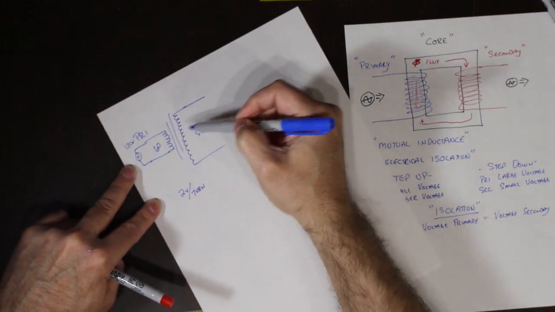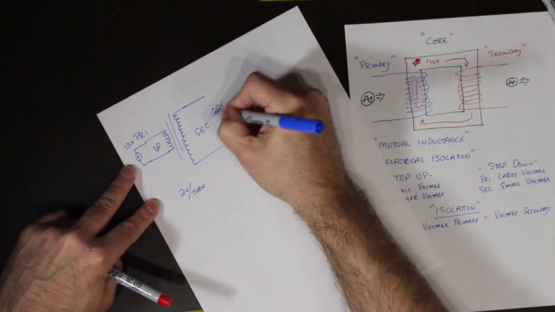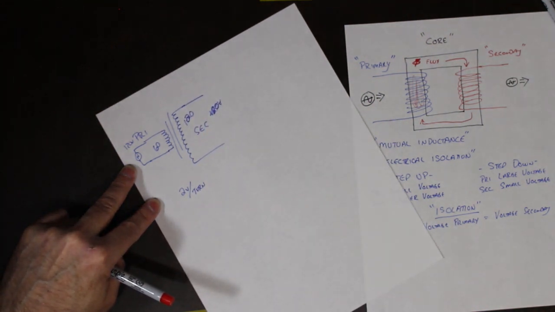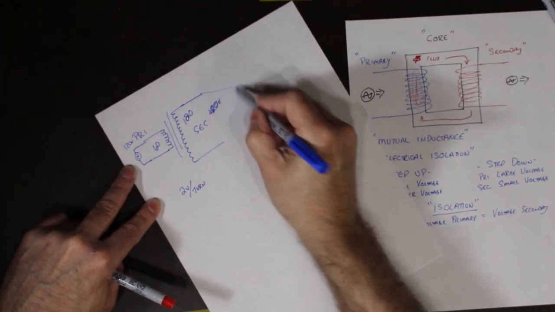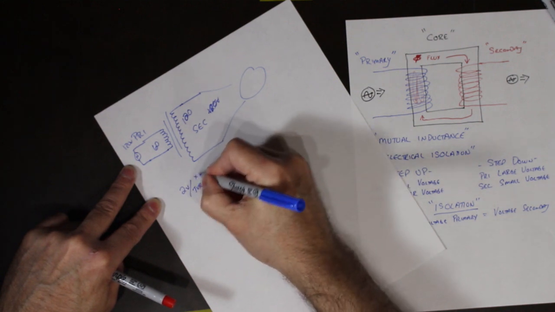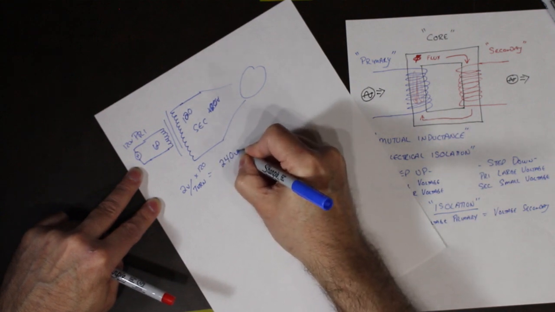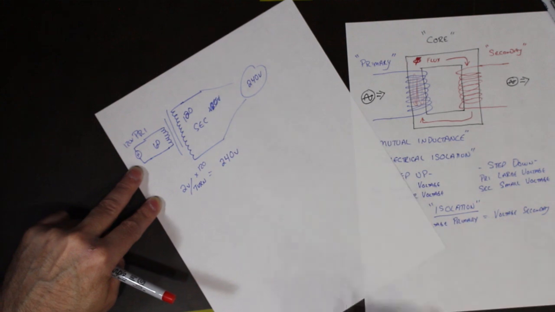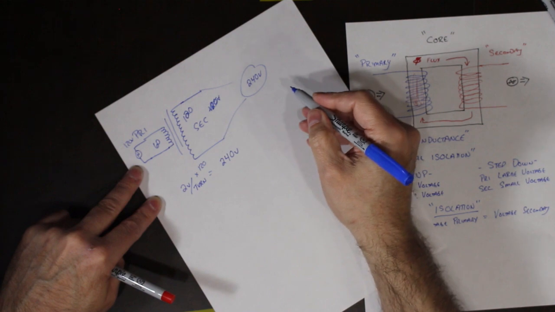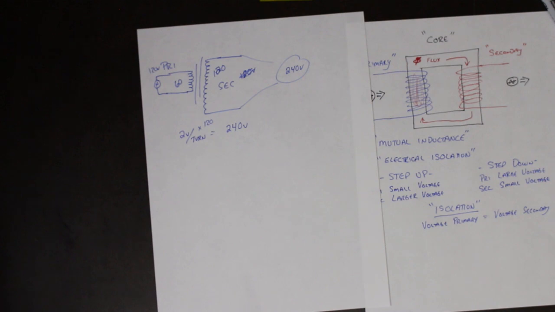That magnetic field is passed on to the secondary. Let's say the secondary has 120 turns. Now, when I look at the voltage that comes out on the secondary side, it's 2 volts per turn times 120 turns, giving us 240 volts. So therefore, this is a step up. The secondary is larger than the primary, a step up transformer.